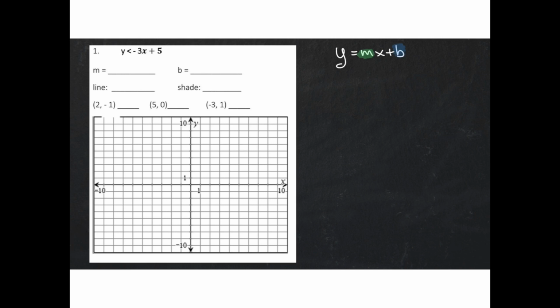So in this case, my slope is negative 3. And my y-intercept in this case is 5. So b equals 5.